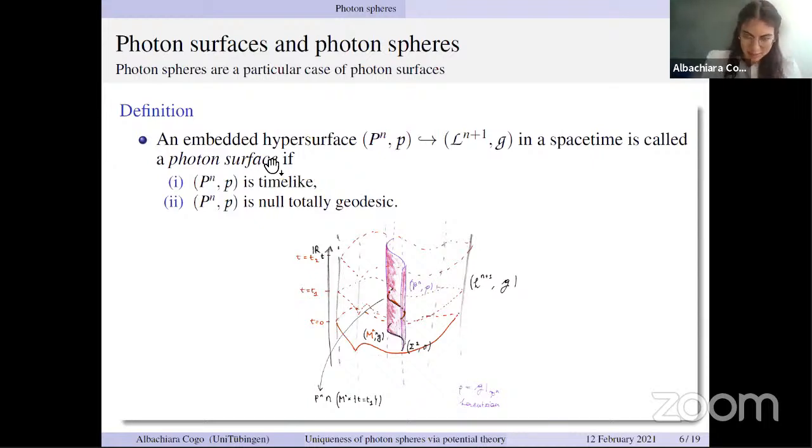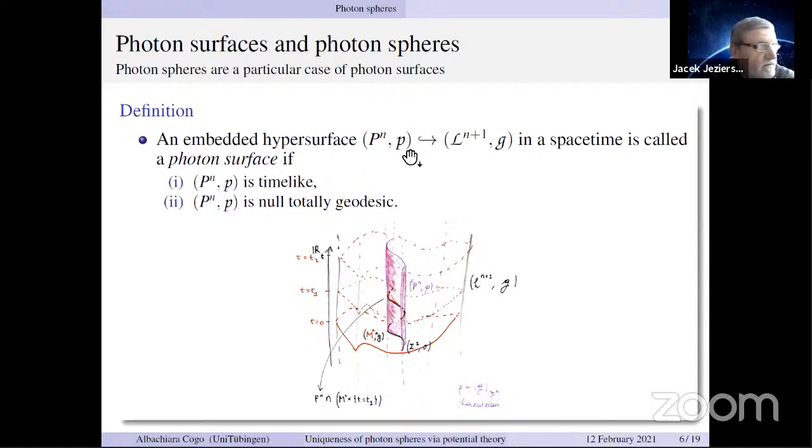It is time-like. So I try to recognize, because there is another surface which is better known, how do you say it in English? Non-expanding horizon, yes, and then the full extrinsic curvature vanishes, and this is a null surface.